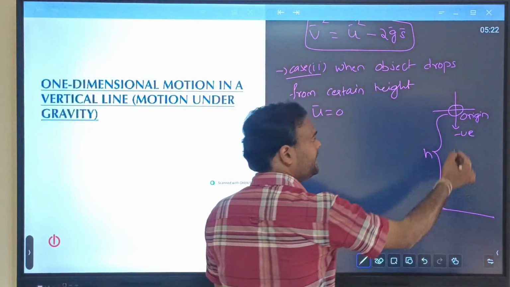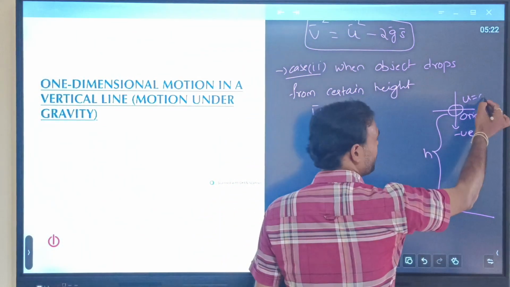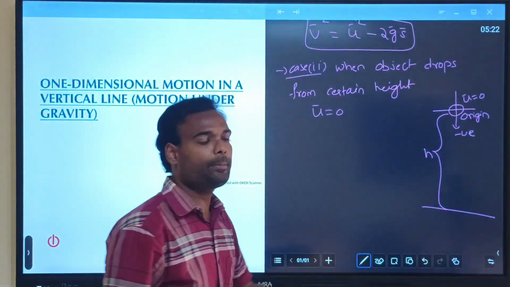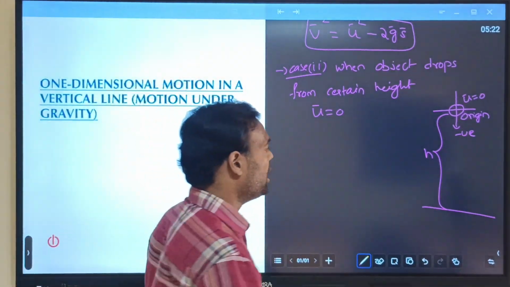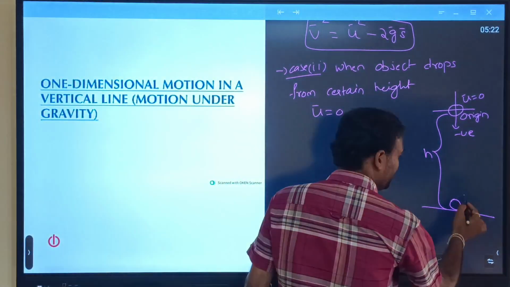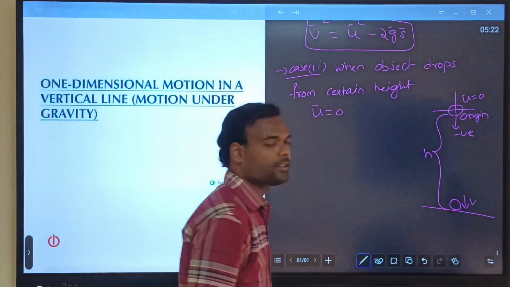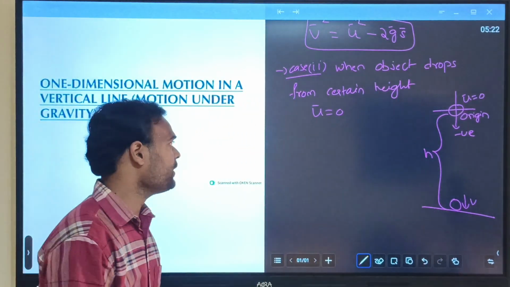Initially the object starts from rest, because I am dropping the object, so the initial velocity is 0, and when the object reaches this location, let us assume its velocity is v.